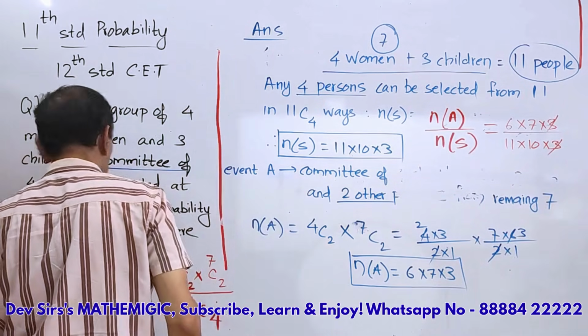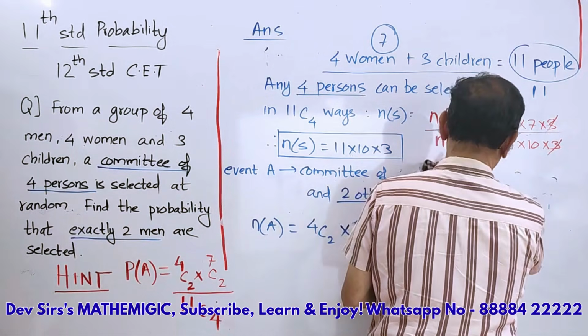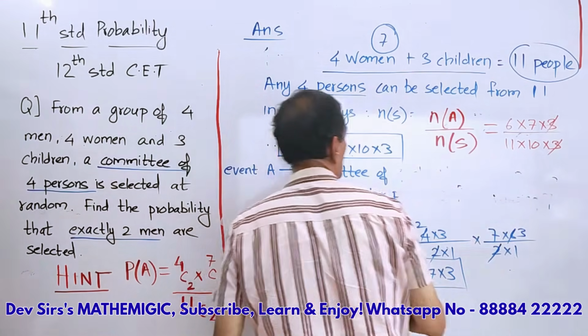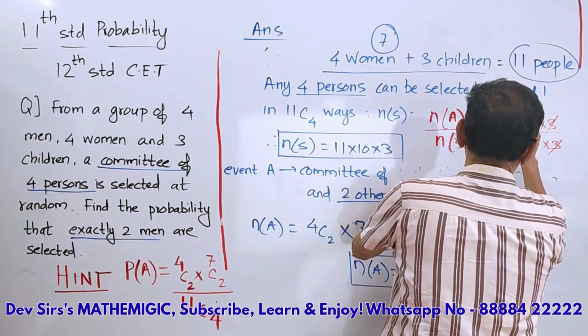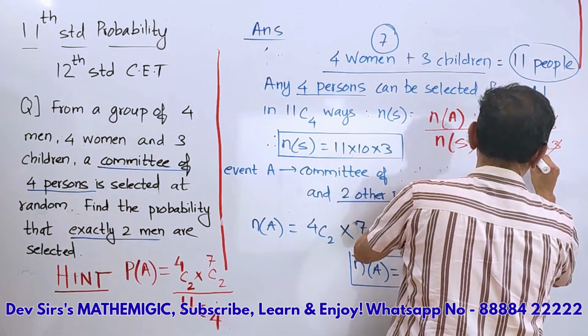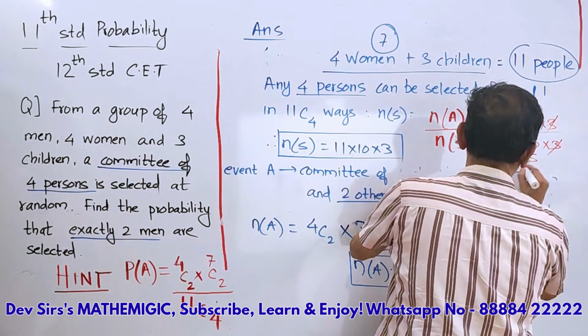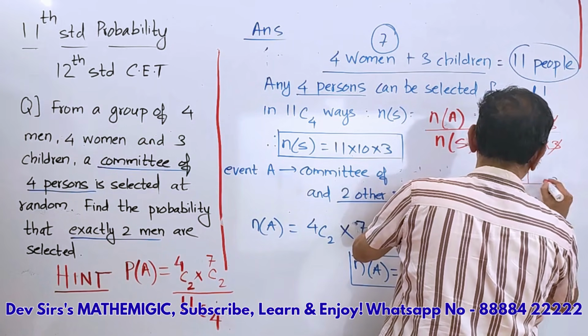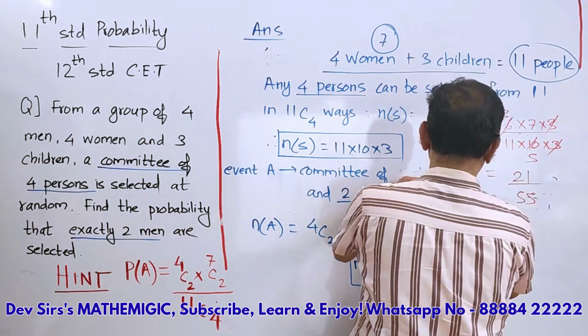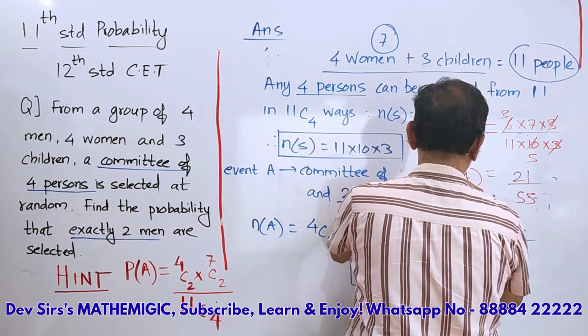What else is getting cancelled? 2 3s are 6. 7 into 3. That was the option given.